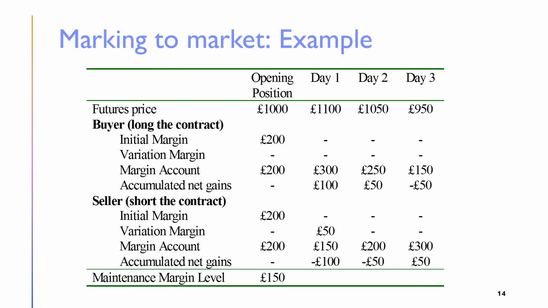The gain to the seller is £100 and the balance in his account increases from £200 to £300. The seller's accumulated net gain is £50, which is the balance of £300 minus his total deposits of £250. The accumulated net loss of the buyer is the opposite of the seller. Futures contract is a zero-sum game.